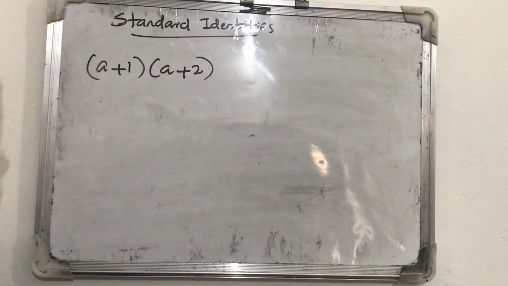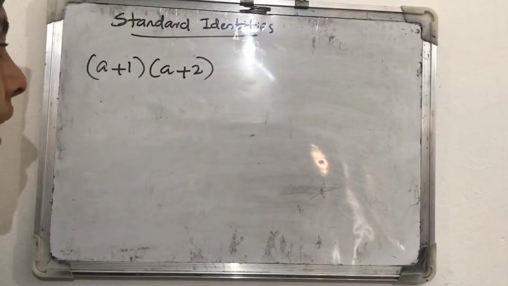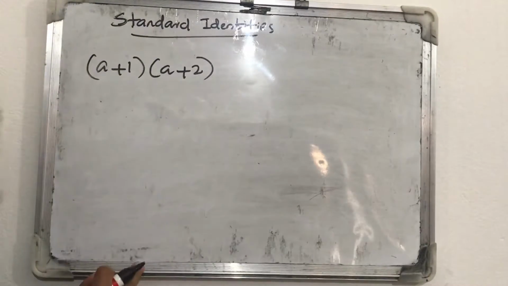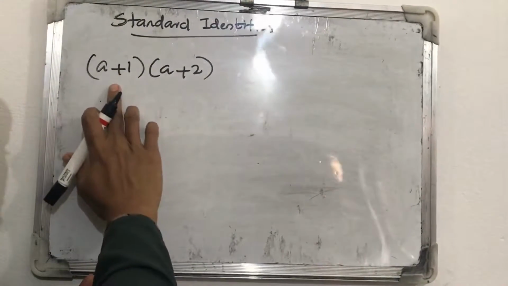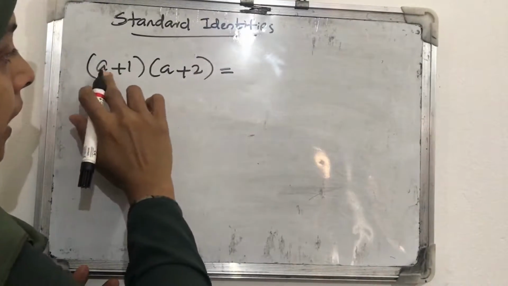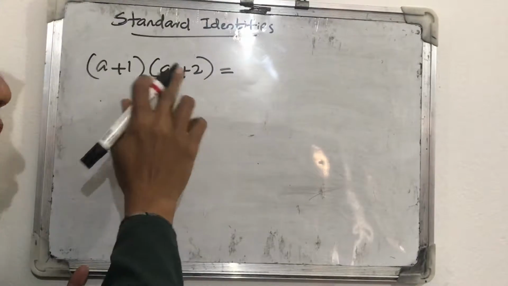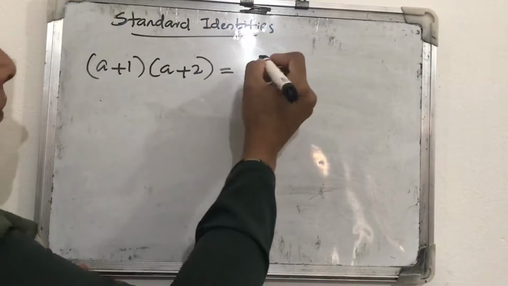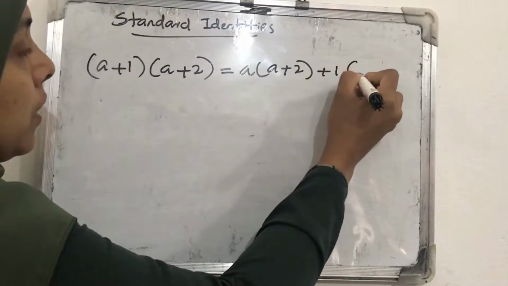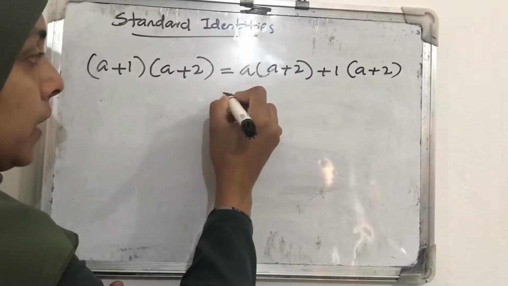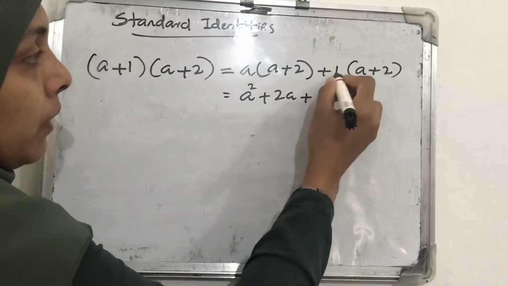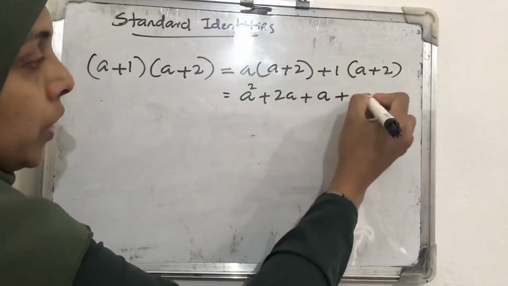Okay, so consider the expression (a + 1)(a + 2). When we multiply one binomial by another binomial and simplify, we will get a(a + 2) + 1(a + 2). That means a(a + 2) + 1(a + 2). This will give a square + 2a + 1 into a + 1 into 2.